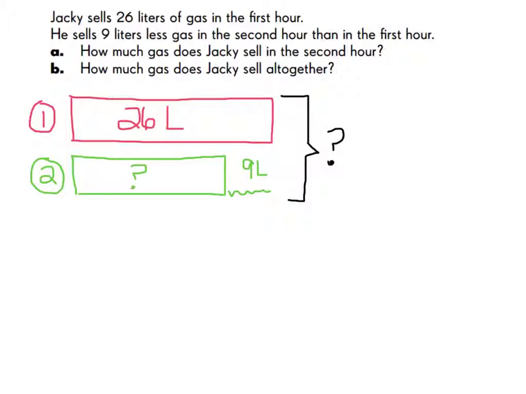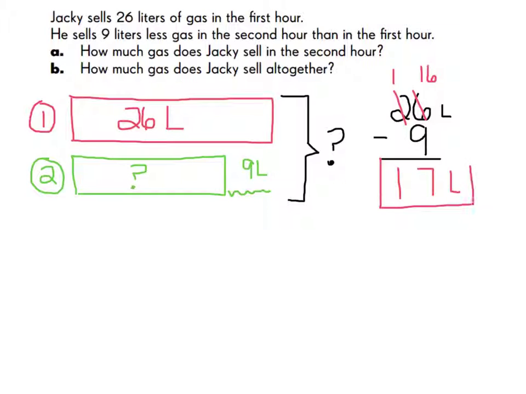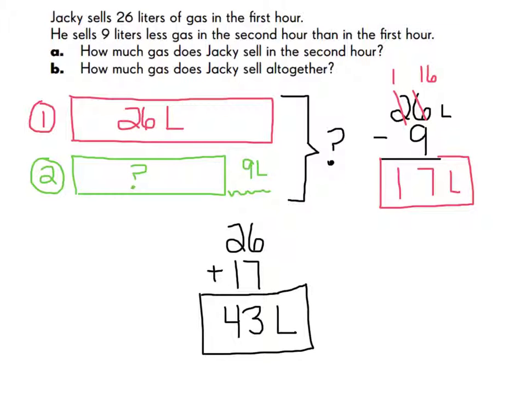To find the value of the gas sold in the second hour, we'll take the 26 liters sold in the first hour, and 9 less than that would be the value sold in the second hour. So we need to trade to find that 17 liters were sold in the second hour. So altogether, 26 in the first hour plus 17 in the second hour give us a total of 43 liters of gas sold in all.